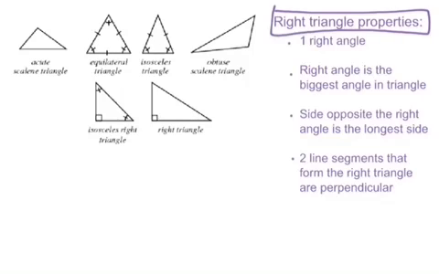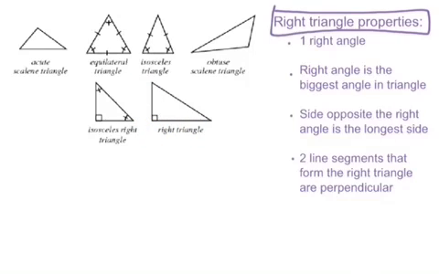So we know a right triangle is going to have one right angle. We know a right triangle should have a right angle as the biggest angle in the triangle. And we know that the side opposite the right angle is the longest side. And I could also say that two line segments that form the right triangle would be considered perpendicular.